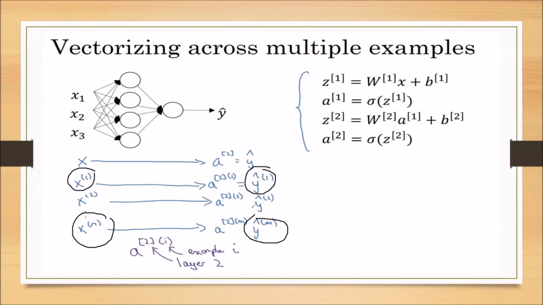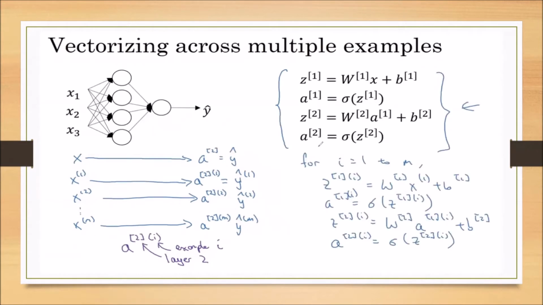There is another notation you observe here, A2(1), A2(2), A2(m). This is telling A2 means the last layer here, the second layer. 1 means the first training sample output, second training sample, mth training sample.